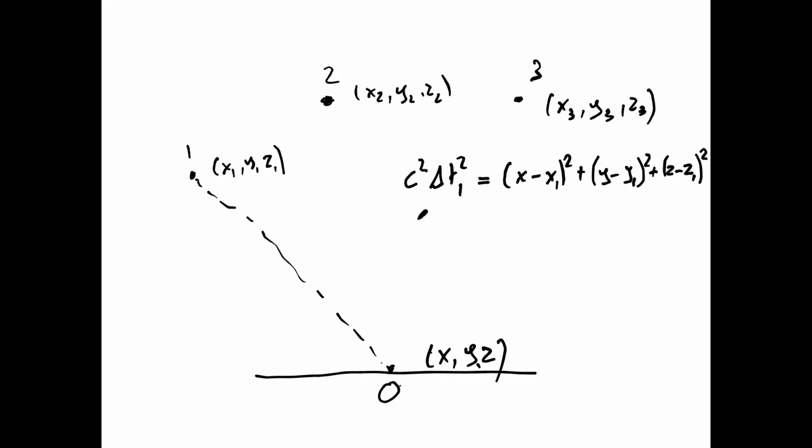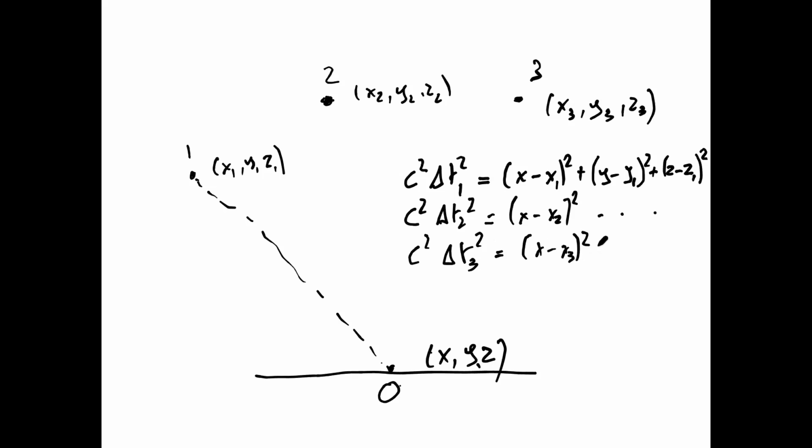And for satellite 2, we can write a similar equation. Delta t2 squared equals (x minus x2) squared, and so on and so forth. And the third equation for satellite 3, delta t3 squared is equal to (x minus x3) squared plus, and so on.